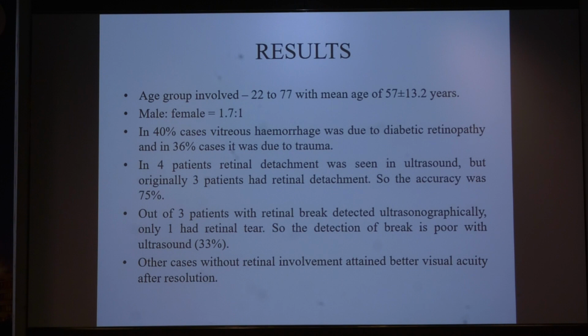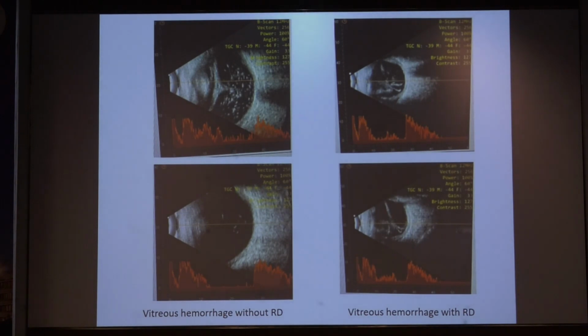And out of 3 patients with retinal break detected ultrasonographically, only 1 had retinal tear. So the detection of break is poor, that is 33%. And other cases without retinal involvement attained better visual acuity after resolution. This is a picture, vitreous hemorrhage with RD and without RD.